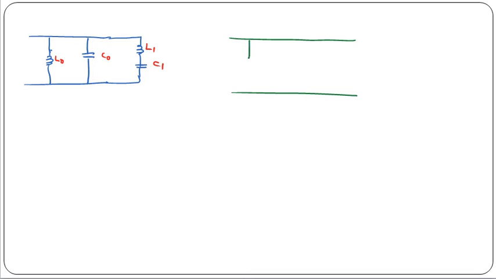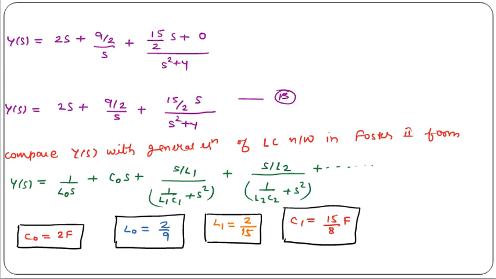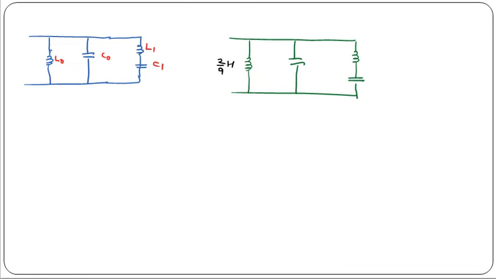the values of all the elements, so let us write here. Okay, this is the series combination of, sorry, this was inductor and this is capacitor. Okay, so L0 value we have obtained as 2 by 9 Henry. Okay, let me cross check. So L0 value is 2 by 9 and C0 we have 2 farad.